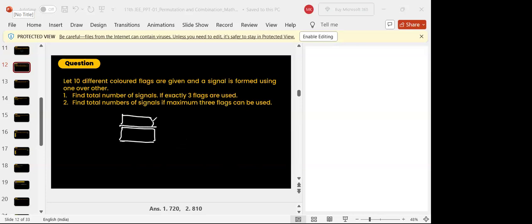Find the total number of signals if exactly 3 flags are used. So when 3 flags are used, we'll have 10, 9, 8.